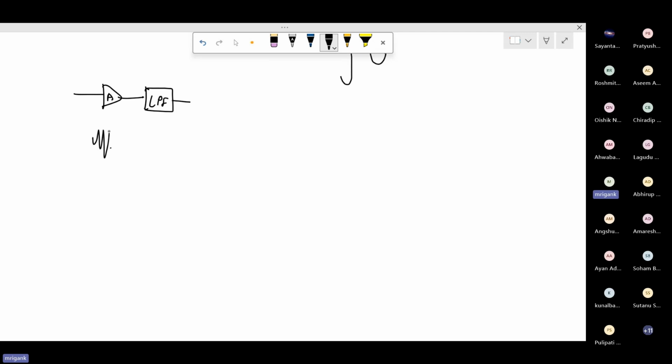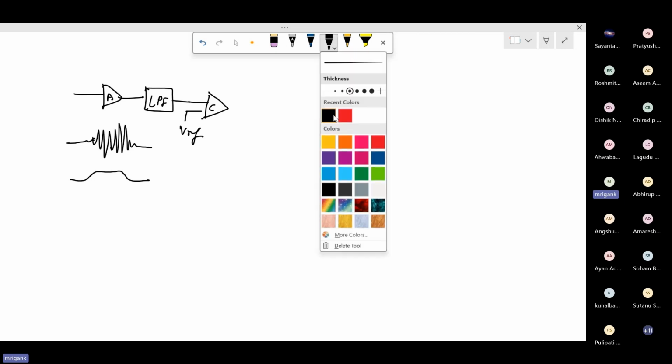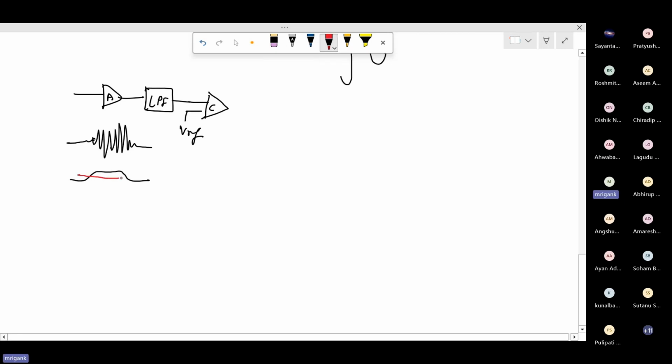Your signal was like this. It will produce an envelope, and then you put a comparator and compare it with VREF. The VREF can be some value over here.